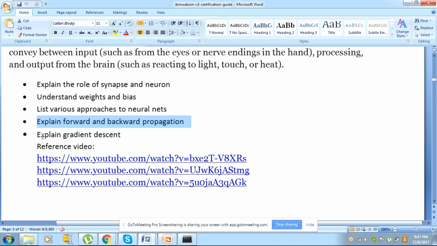For forward and backward propagation, the better way to understand is to go through some theory and some YouTube videos, which I've put here. And gradient descent: gradient descent is a statistical term where we try to minimize the error along a gradient curve.